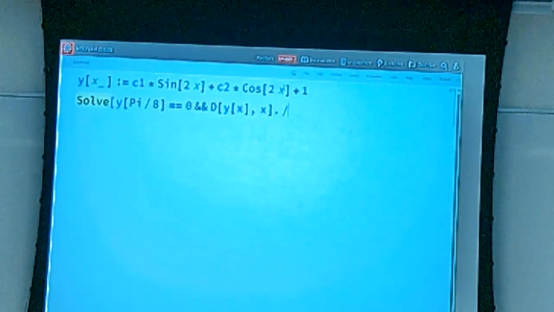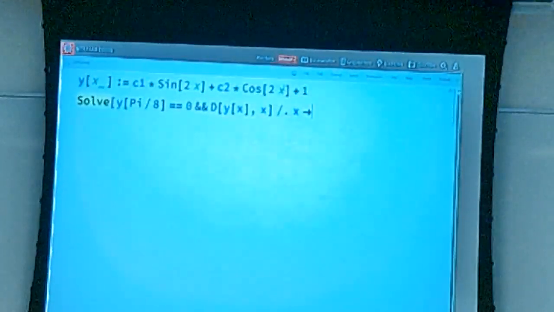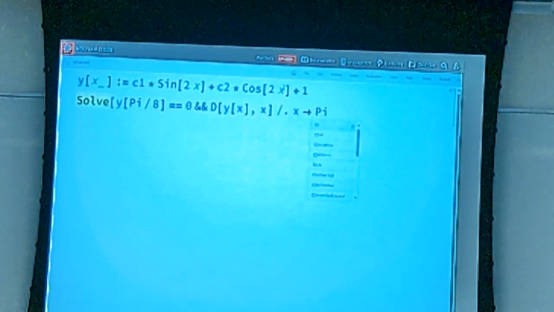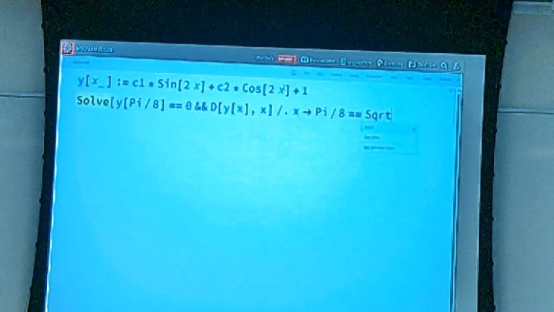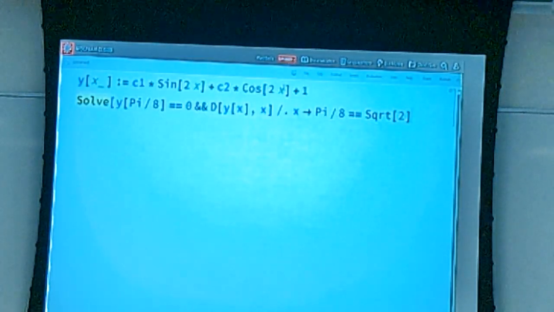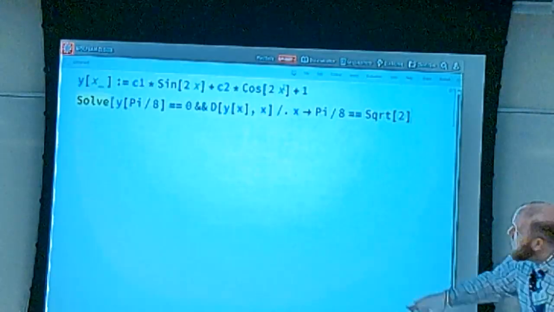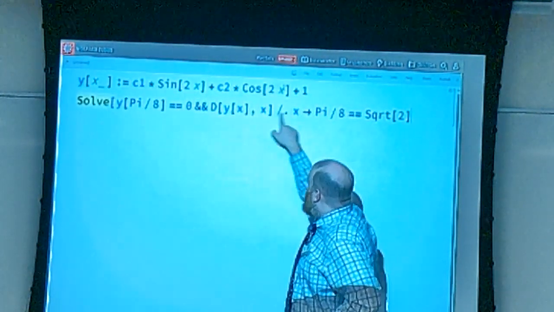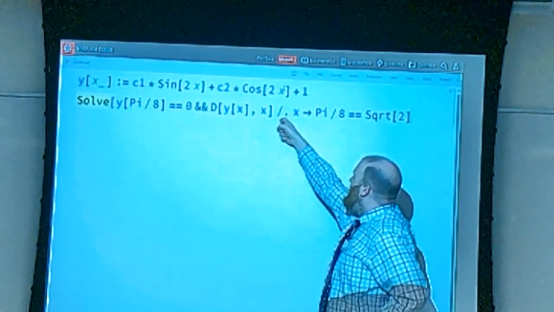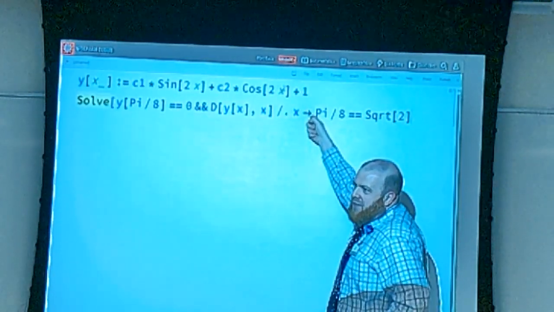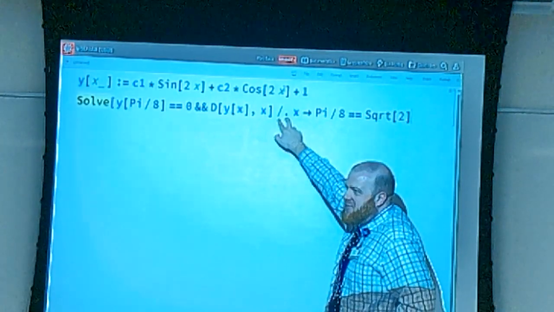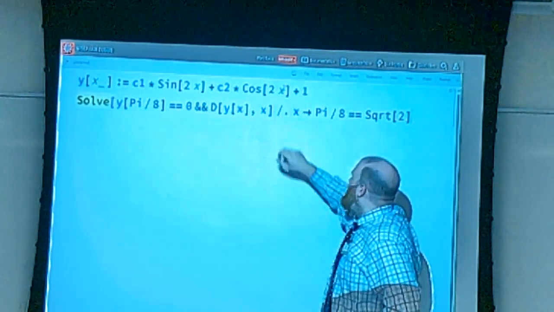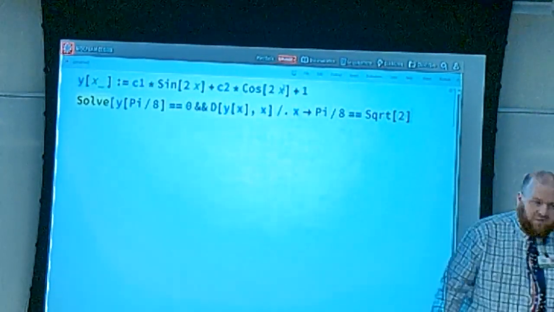So that one, or is it this one? It's this one. This is saying it's the derivative, now evaluated when x is pi over 8. I may have to change that, that may be the wrong order. I'll find out soon if it gives me an error. And that has to equal square root of 2.